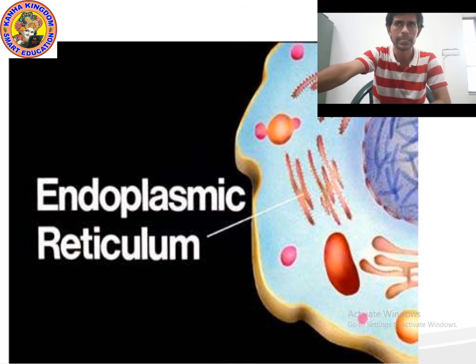As you can see, the center part is the nucleus. Look at the shape of endoplasmic reticulum. You can clearly see it is like a spindle shape.